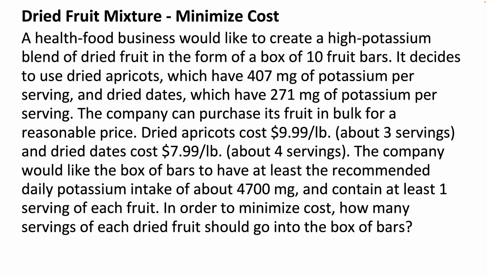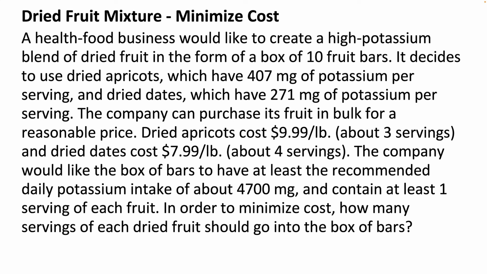Dried apricots cost $9.99 per pound, about 3 servings, and dried dates cost $7.99 per pound, about 4 servings. The company would like the box of bars to have at least the recommended daily potassium intake of about 4,700 milligrams and contain at least 1 serving of each fruit.